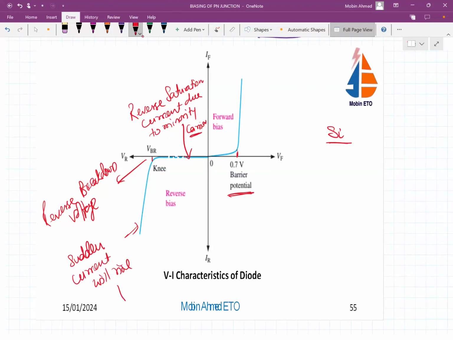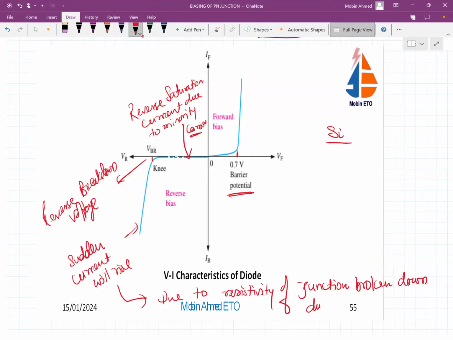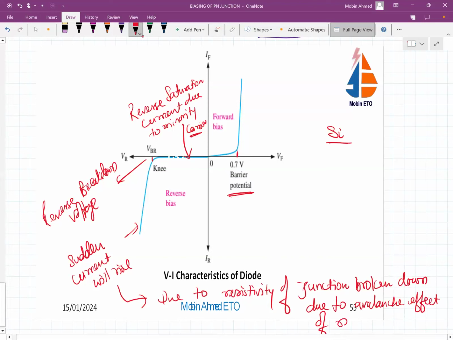This sudden current rise is because the resistivity of the junction is broken down due to the avalanche effect of the minority electrons.